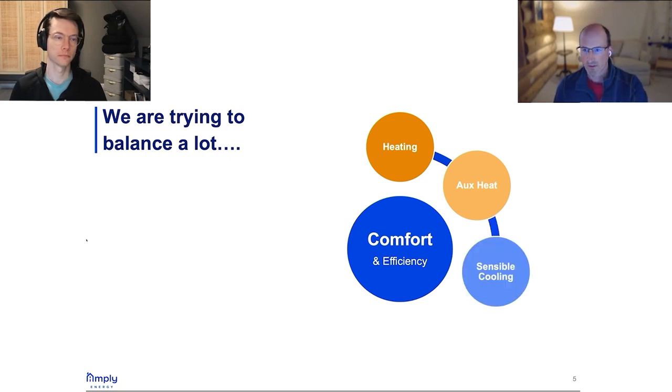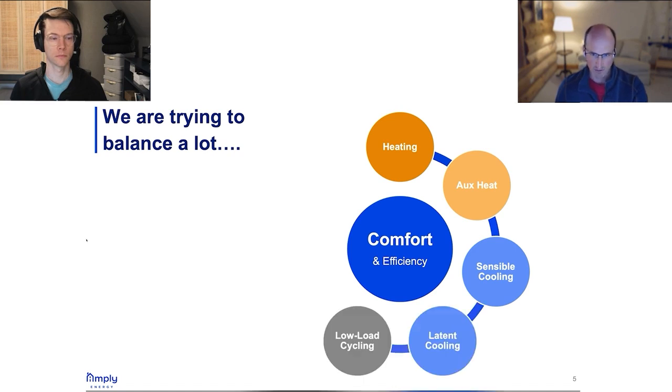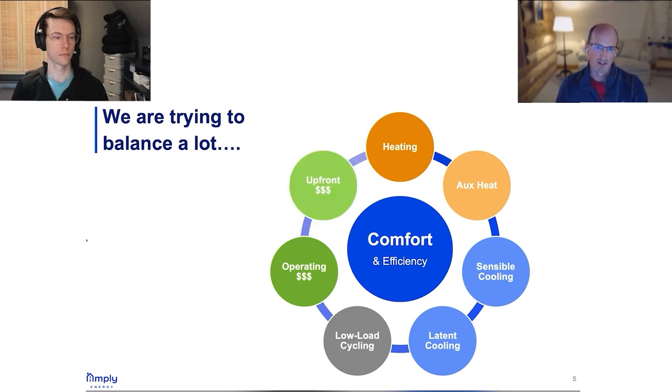What's going on with sensible cooling loads in the building and sensible cooling capacity of our equipment? What about latent issues? All of these things lead into concerns around low load cycling. That all has an impact on operating costs for this homeowner that we're trying to design a system for. And then every one of these issues also has an impact on upfront cost of the system that you're trying to design and sell. So it's a ton that we're trying to balance.